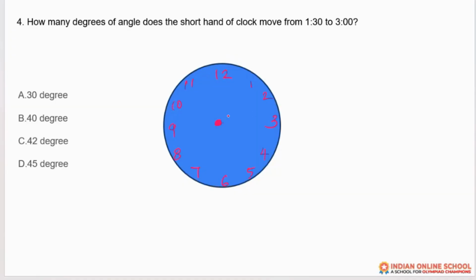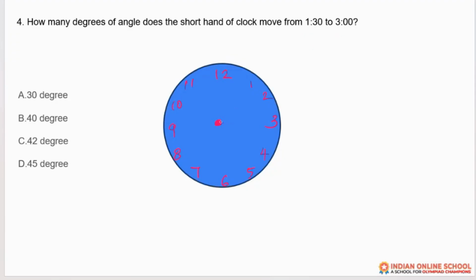Yes, so here the actual time is now 1:30. If from 1:30 to 3 o'clock it is moving, how many degrees of angle does the short hand of the clock move from 1:30 to 3 o'clock?